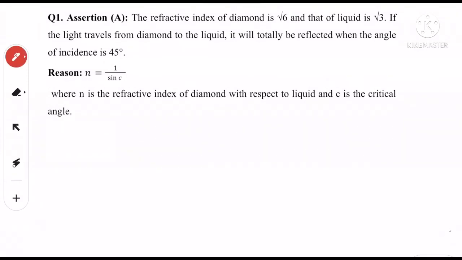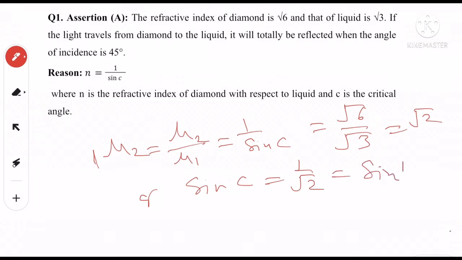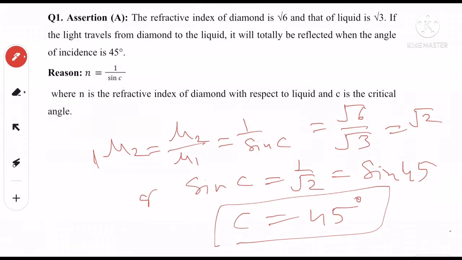So we check from this: mu2 upon mu1, the refractive index of the second medium with respect to the first, will be equal to the reciprocal of sin c, that is 1 upon sin c. This is given as under root 6 over under root 3, so this will be under root 2, and sin c will be the reciprocal, 1 upon under root 2, which means sin 45. The critical angle will be 45 degrees, which means the given statement is true.